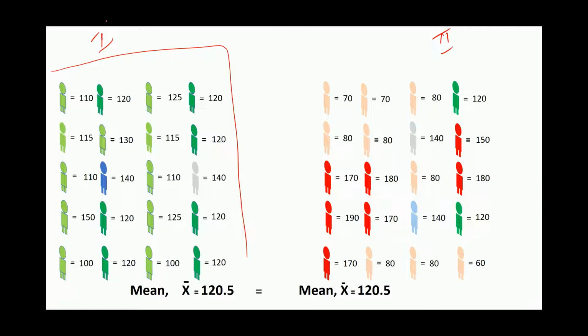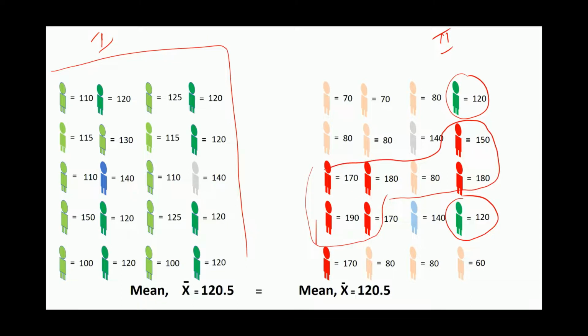But when you closely look into the data points, we can see that only a few persons, those in green, are considered normal, which is 120 mm of systolic blood pressure. All the others, the majority of them, either go to the lower blood pressure group or into the high, hypertensive blood pressure group. Why is this?